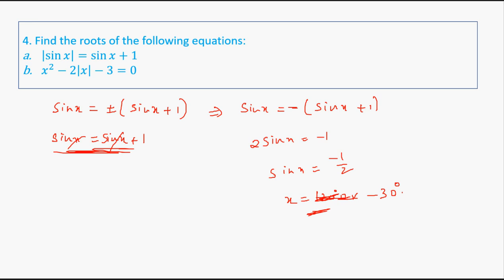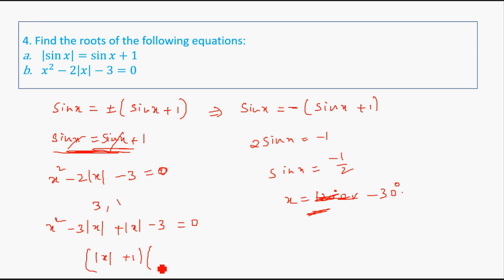Right, now the next term we have x squared minus 2 mod x minus 3 is equal to 0. Now from this it is clear that its factors are 3 and 1, since 3 minus 1 is 2. So we can simply write x squared minus 3 mod x plus mod x minus 3. Now when we take everything common, we will get mod x plus 1 into mod x minus 3 is equal to 0.